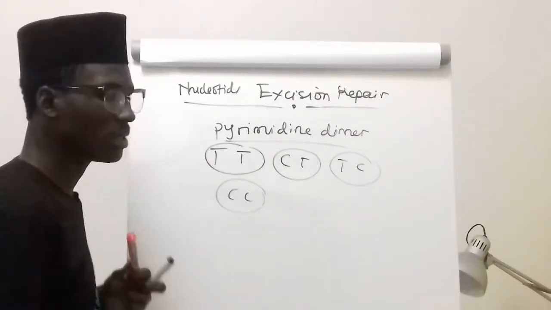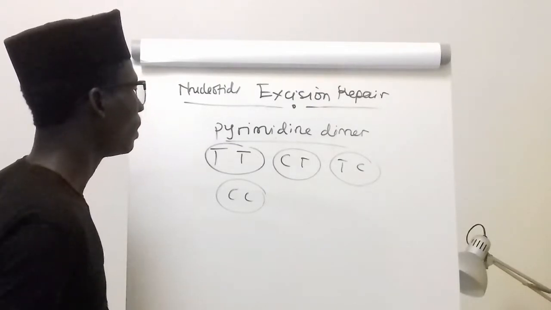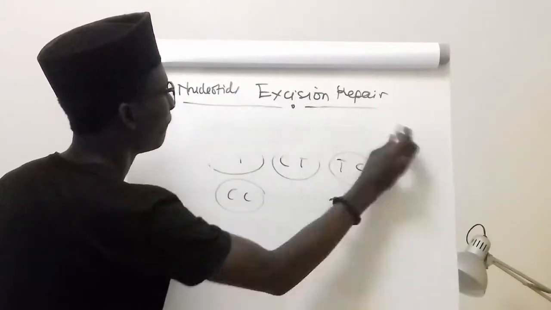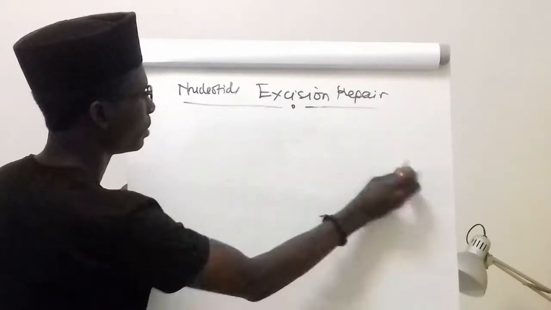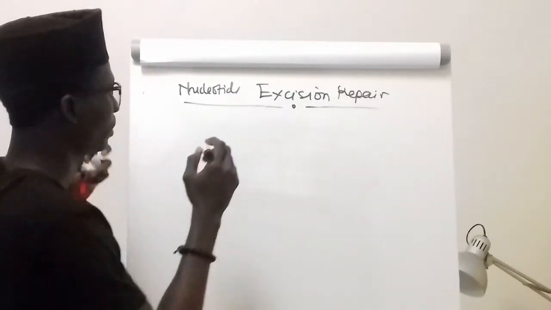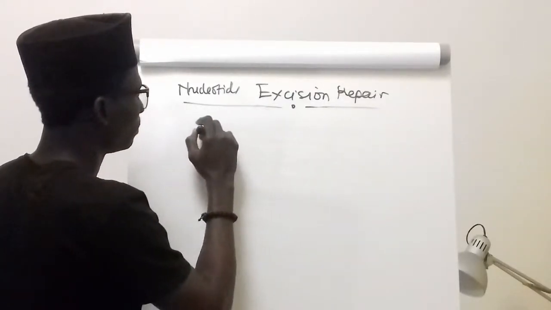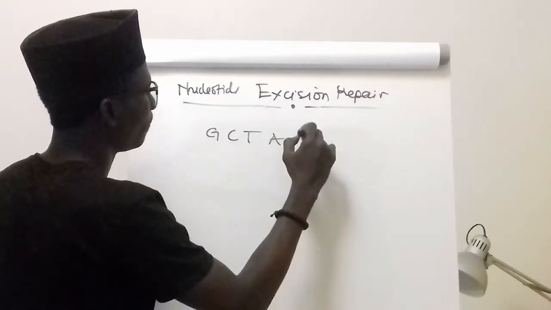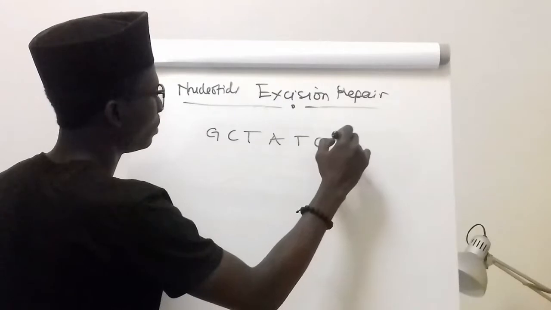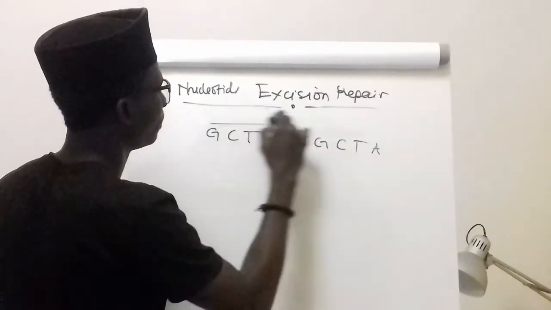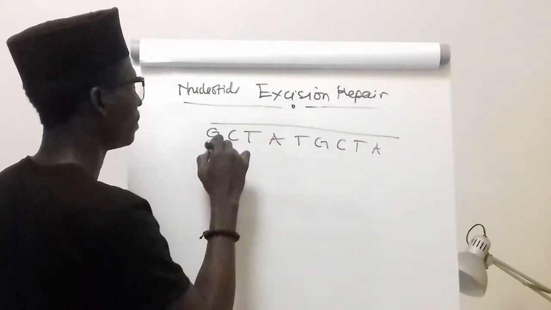So let's look at it and see how it actually occurs. I'm going to show you a sequence and we'll look at this together. Let's say we had this sequence: G, C, T, A, T, G, C, T, A. What would be at the opposites?